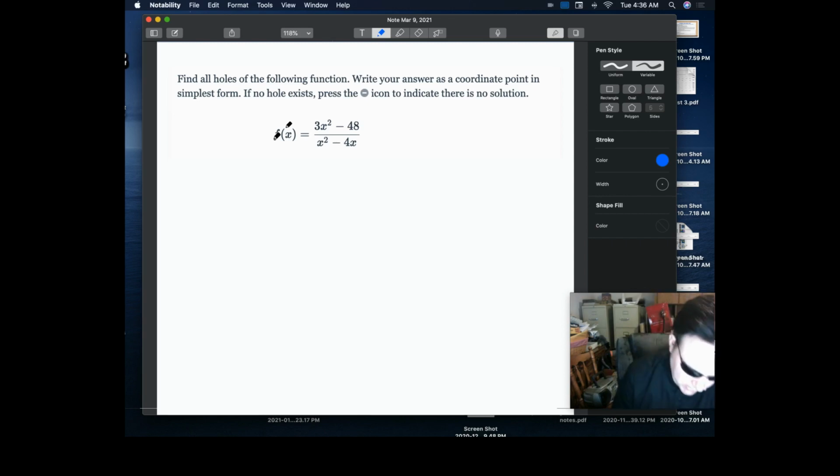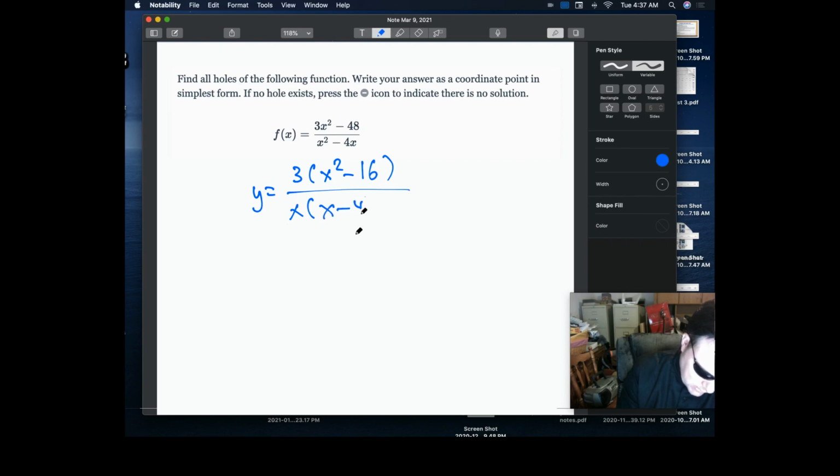We just finished talking about how holes exist if things divide out. And so here we're left with y equals, let's factor out the 3. We're going to get x squared minus 16. Here on the bottom we can factor out an x. We're left with x minus 4. Now this is real important because you might look at this and think there are no holes.